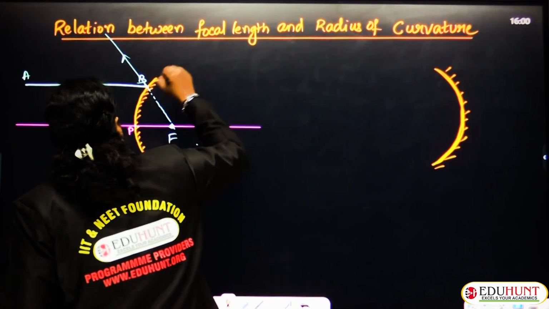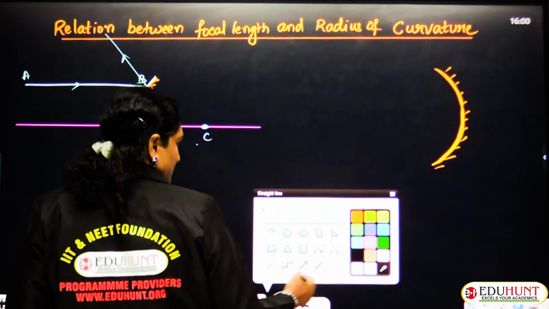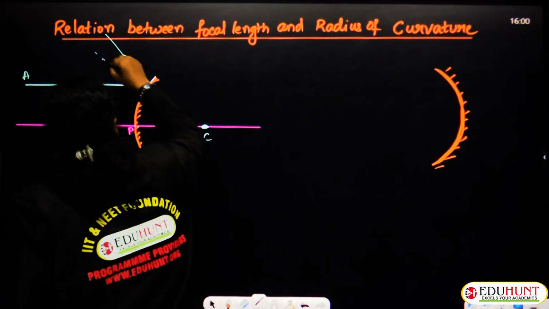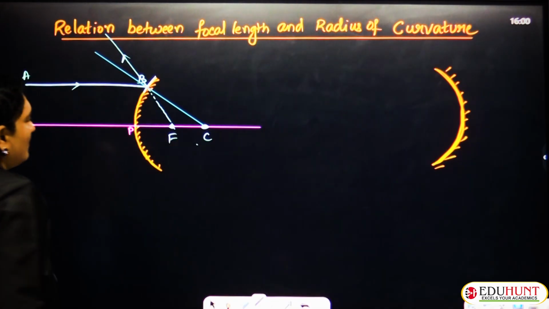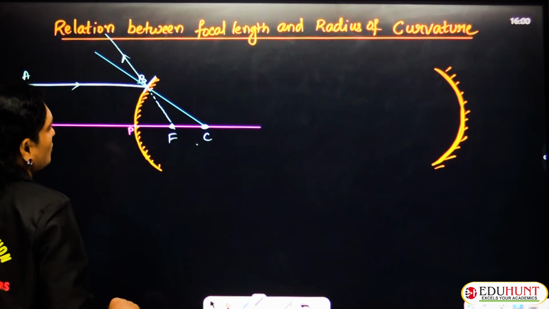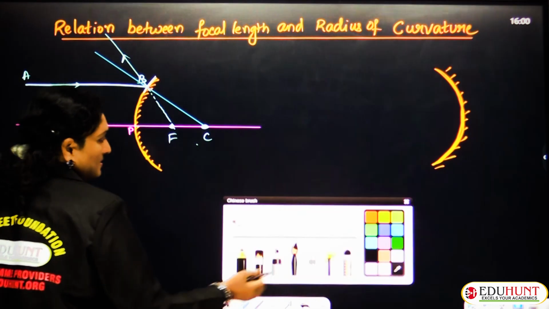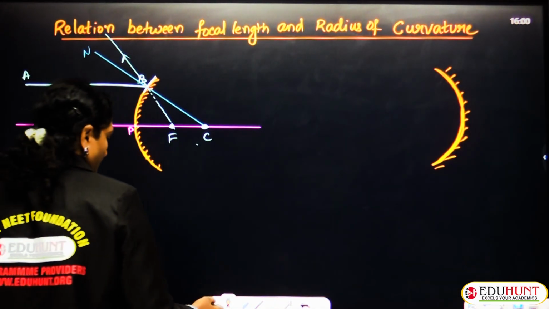All the light rays falling perpendicular to the mirror will definitely meet at the center of curvature C. So this indicates the normal drawn to the surface.